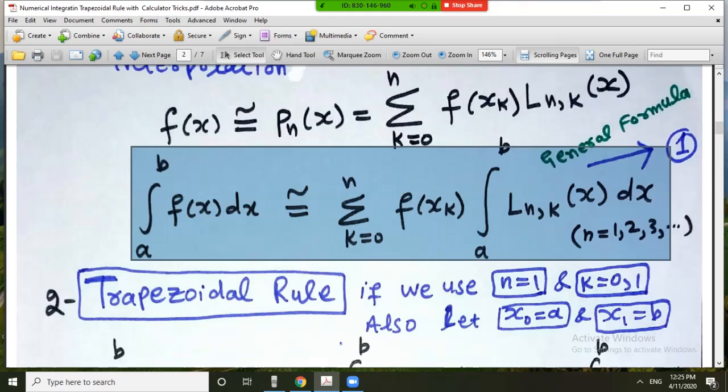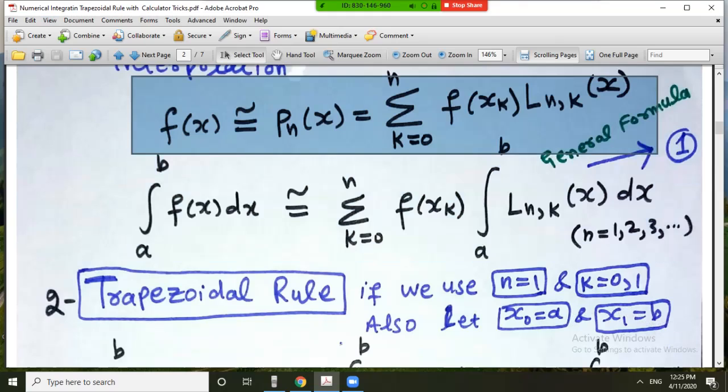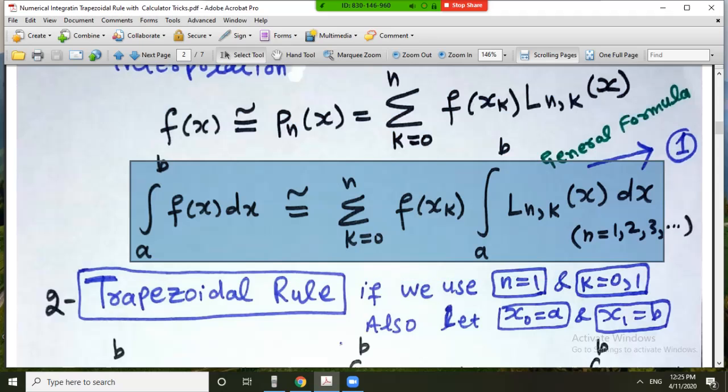If we differentiate f of x and also differentiate the polynomial, in that case we call it the n plus 1 point formula for numerical derivatives. But this time we have a general numerical integration formula.